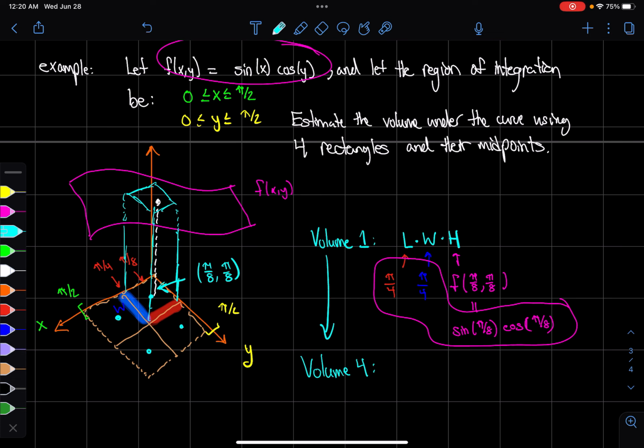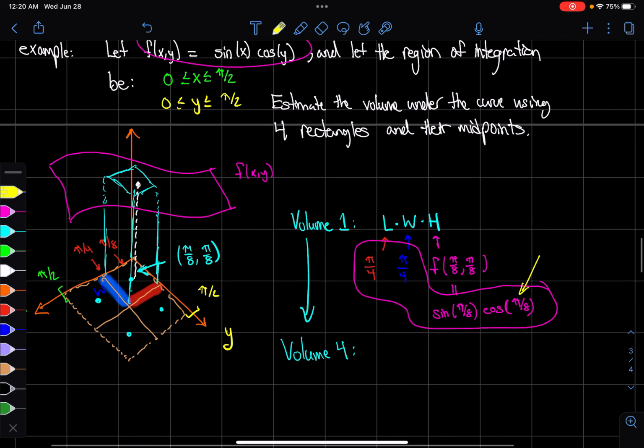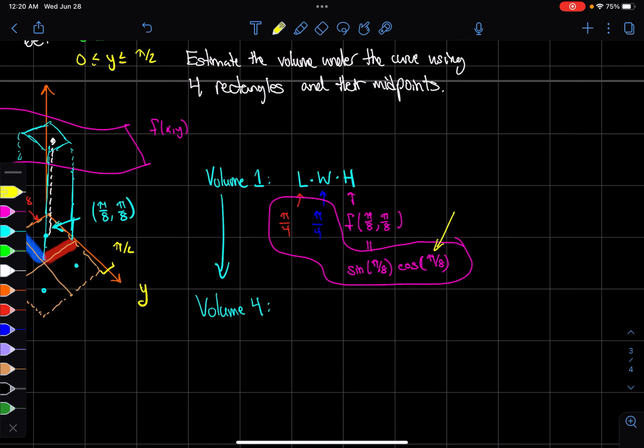Now, a question you might have as a student: do I have to evaluate this? The answer is, it kind of depends on the question. If these are easy trig values, so I'm talking pi over 4, pi over 3, pi over 2, any of the easy trig values, you need to know these by heart.